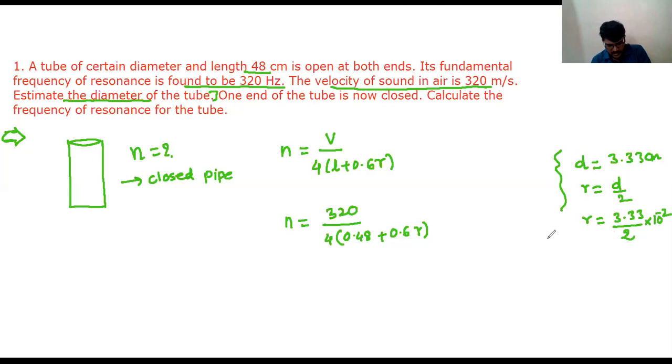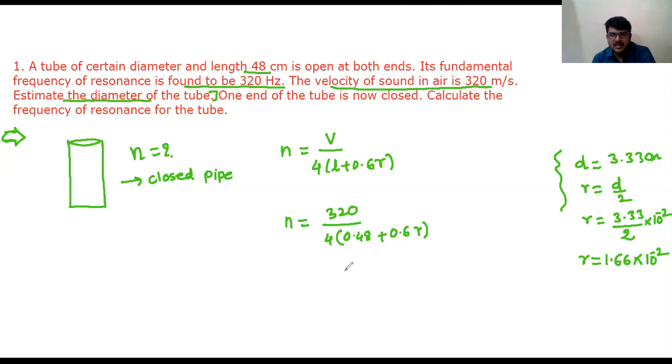So 3.33 divided by 2 is equal to 1.665. R is equal to 1.66 into 10 to the power minus 2. Either write 10 by 6, or you can do like this also. Both are same. So R is equal to 1.6 into 10 to the power minus 2.